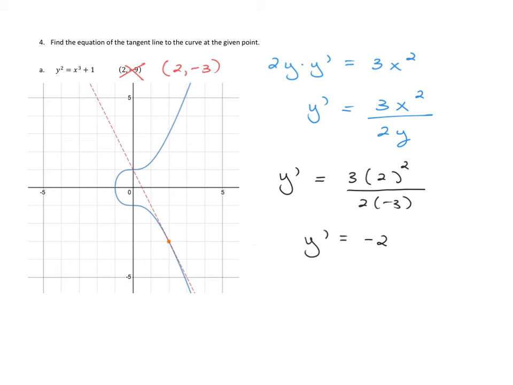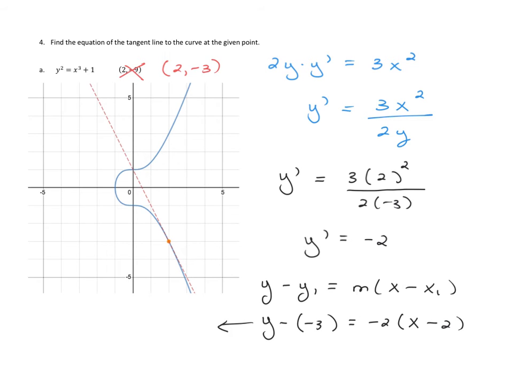We need to know the equation of a line through a point, and I'll use this one. This is the point-slope version of the equation of a line. If I plug in the information for the point, that's y minus -3. If I put in the information for the slope, that's -2, and then we have x minus 2.